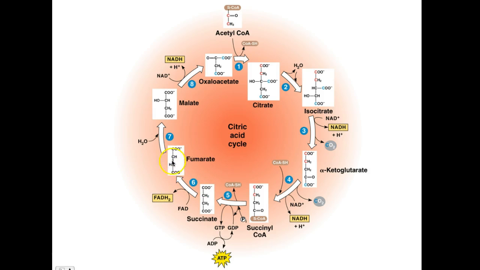So from succinate to fumarate, you get FADH2, and then fumarate gets converted to malate, and malate is going to be converted back into oxaloacetate. And when you do that conversion, the eighth step, you get another NADH out. So that is one turn of the cycle.